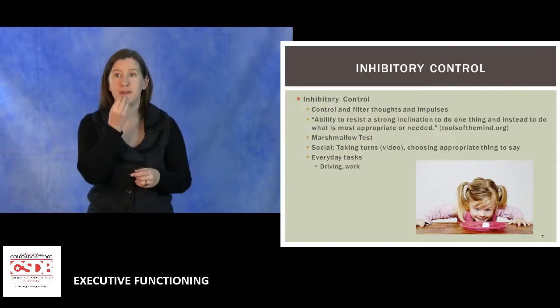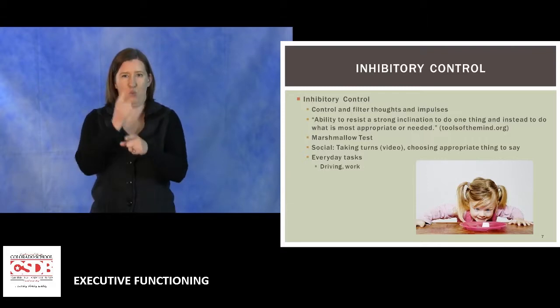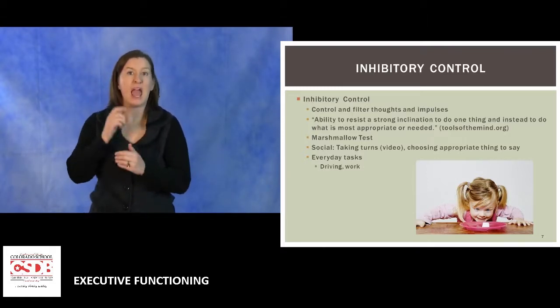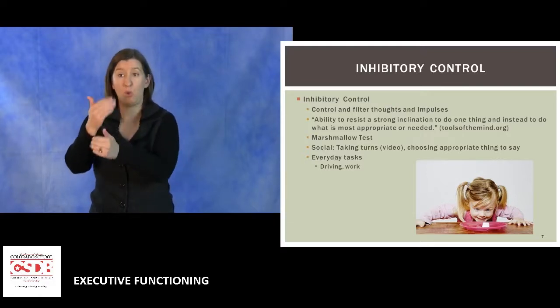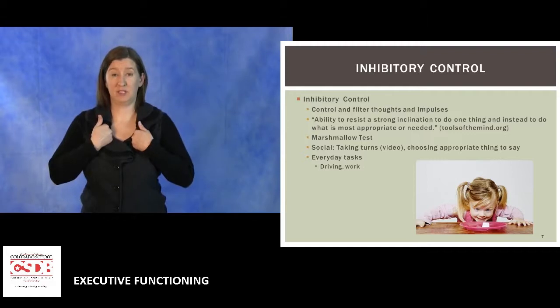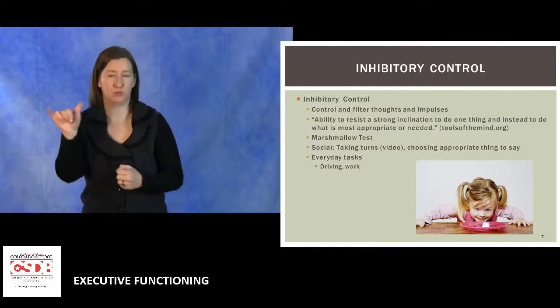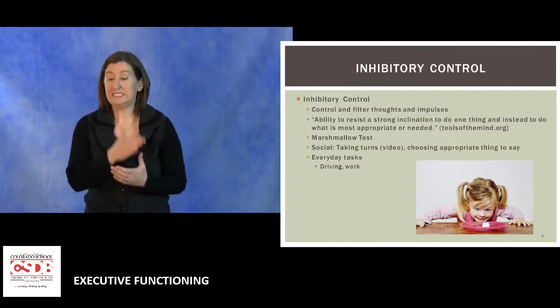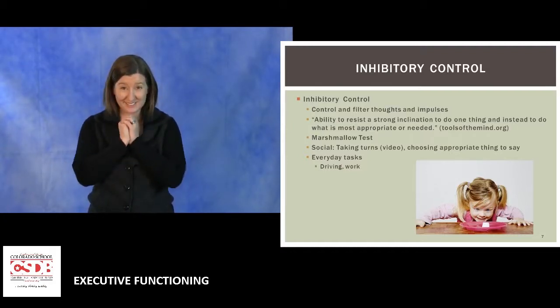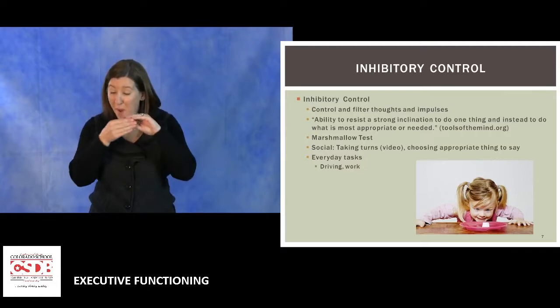So they noticed that the kids who ate the marshmallow right away had problems with EF skills. And also, following some of that participation throughout life, they would have problems with that in the future. Some kids were able to wait 15 minutes for 2 marshmallows.